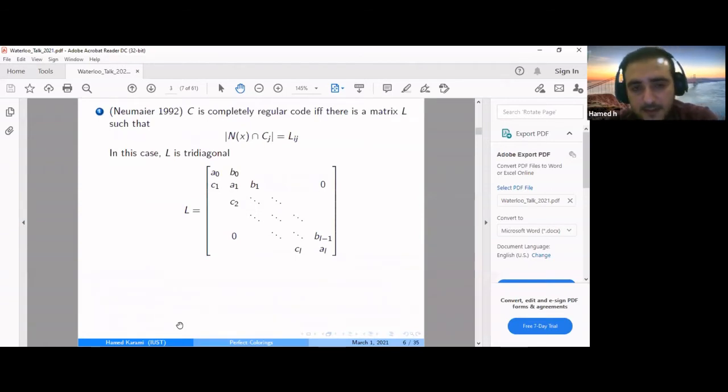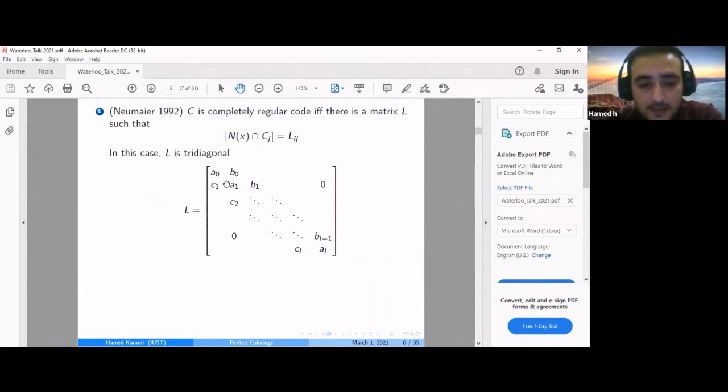There are some interesting points about completely regular codes. For example, Neumaier in 1992 proved that C is a completely regular code if and only if there is a matrix L such that the cardinality of N(x) intersection C_j is equal to L_ij, where L is a tridiagonal matrix, like this.